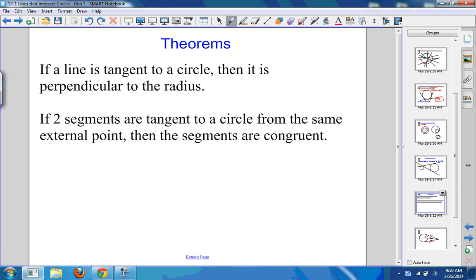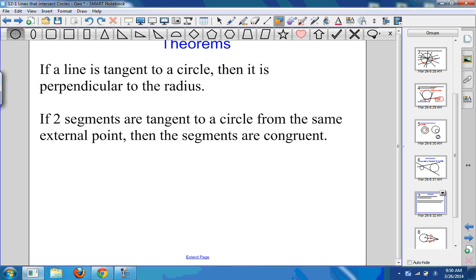All right. The last part of this section, we have a couple of theorems that go with these circles and tangents now that we know the vocabulary. So the first one: these theorems also don't have any special names, like the Pythagorean theorem has a special name. Some other theorems do. These don't have any special names, but it says if a line is tangent to a circle, then it is perpendicular to the radius.